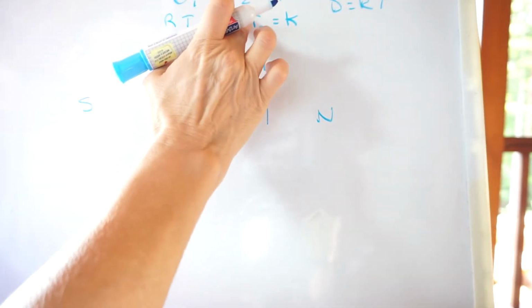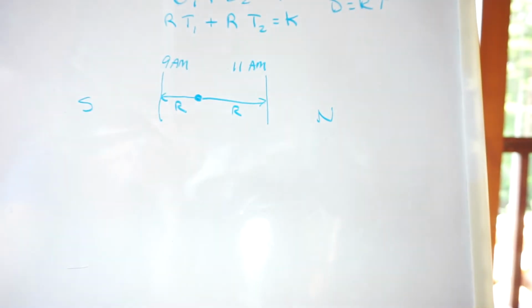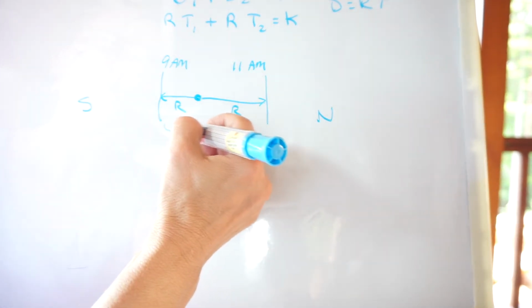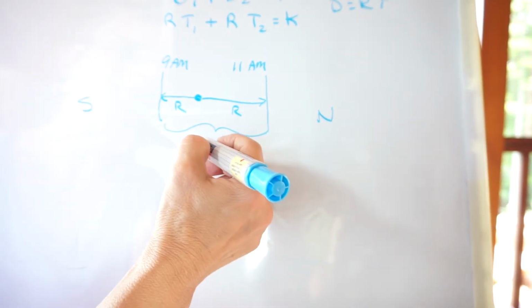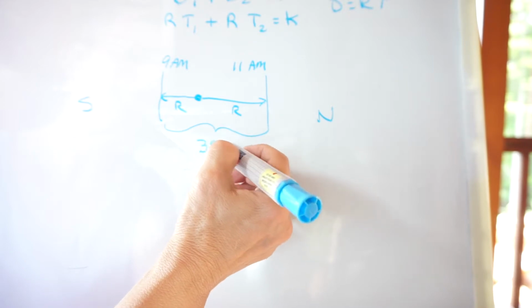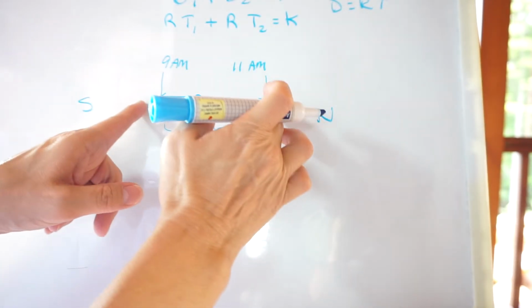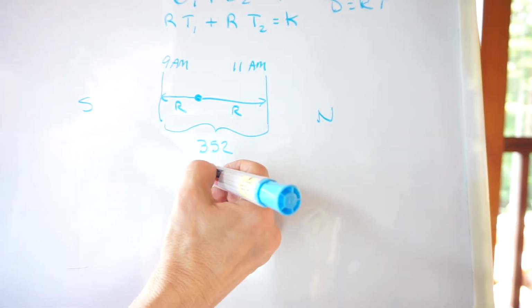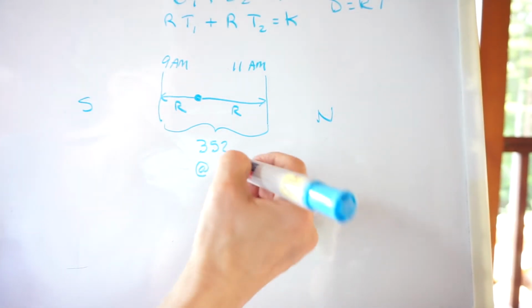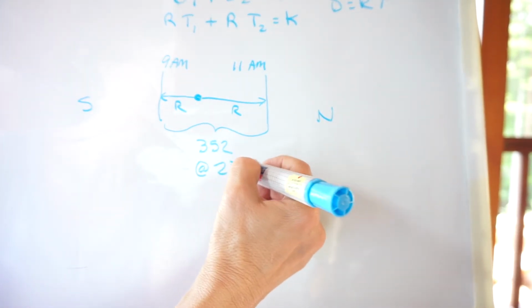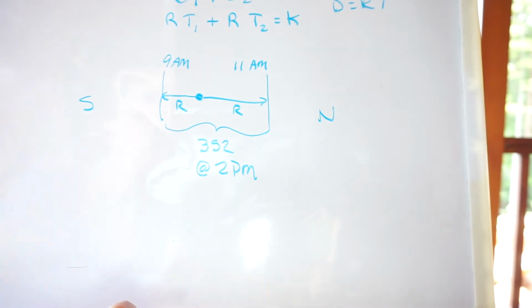We don't even need R1 and R2 in here because they're going the same speed. They were 352 kilometers apart. This is our K. 352 miles apart at 2 p.m. From this information, we can figure out what these times are.